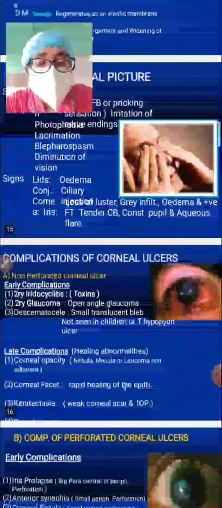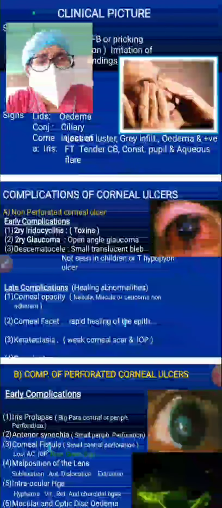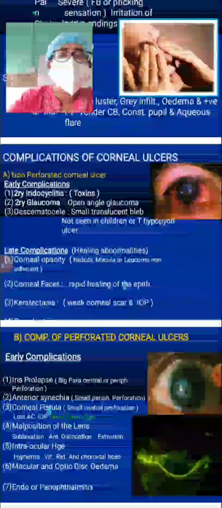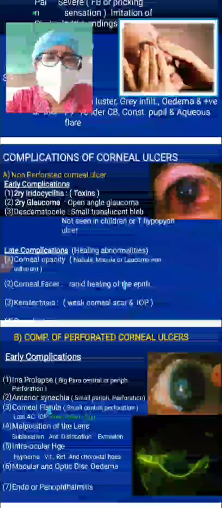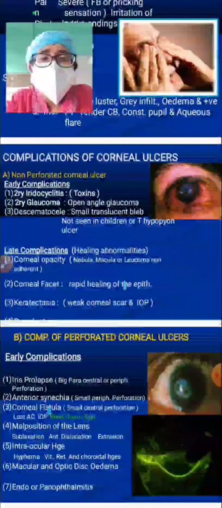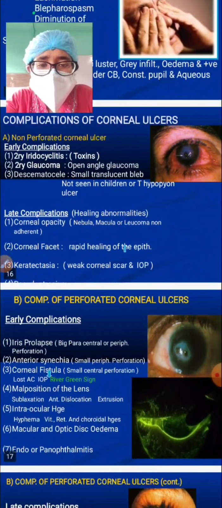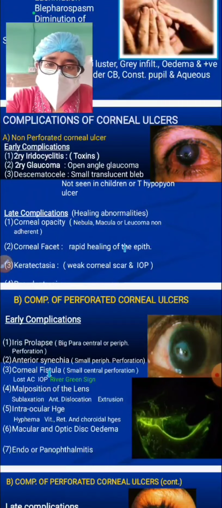If the corneal ulceration denudation goes up to the Descemet's membrane, then one after another, all the complications arise. So we come to the complications of the corneal ulcer.